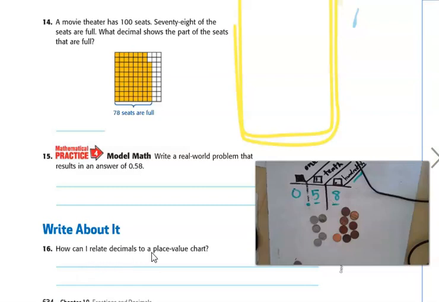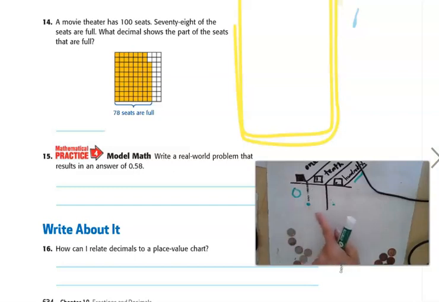How can you relate decimals to a place value chart? Well, the place value chart works like any other place value chart. It helps me, when I'm working out my problem, to line up my digits. So when I get to adding these numbers, by using my place value chart, I can make sure my place values are all lined up and that I'm keeping my values separate.